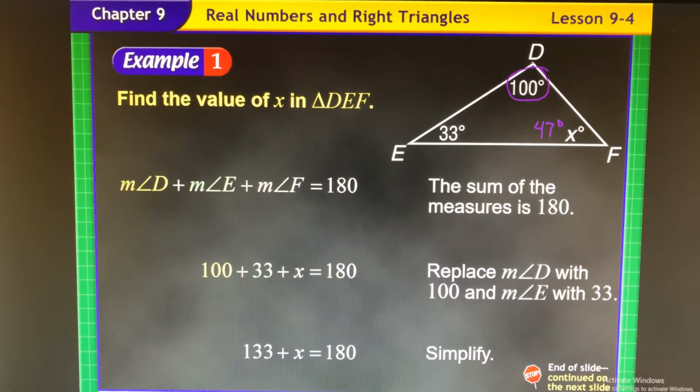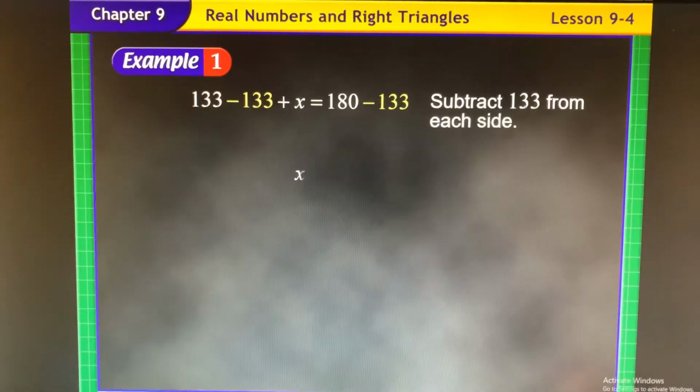The angle that's greater than 90 is called obtuse. So this triangle right here is called a scalene obtuse triangle. Classified by its side, classified by its angles. Scalene obtuse triangle.